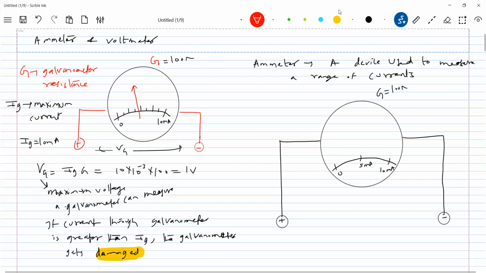Now I'm going to bring a low resistance in parallel. I'll call this a shunt. So what is the value of Ig? Let me indicate all that. Ig is 10 milliampere. A low resistance connected in parallel is called a shunt, and there's a current which I want to measure.